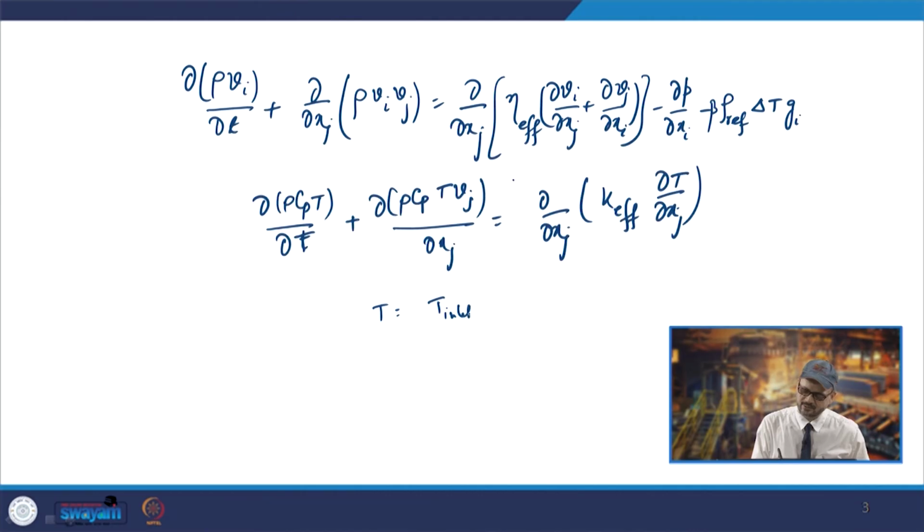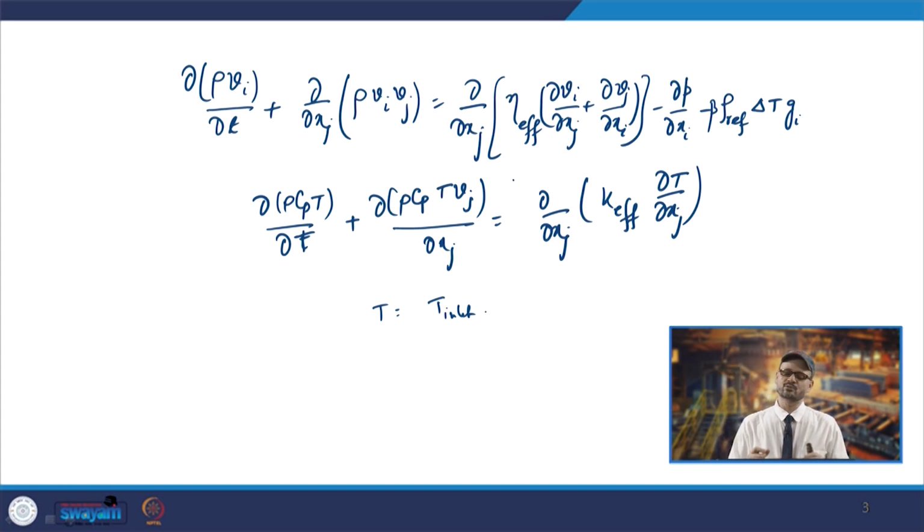Now, before that we will also have the boundary condition, and the boundary condition at the inlet will be T equals T inlet. That will be your boundary condition.